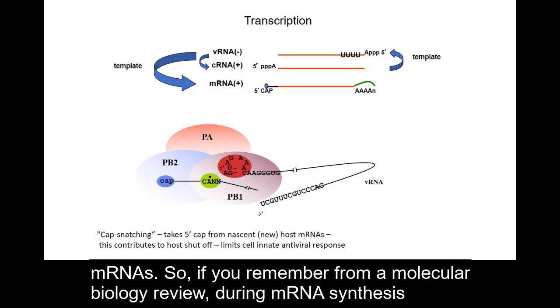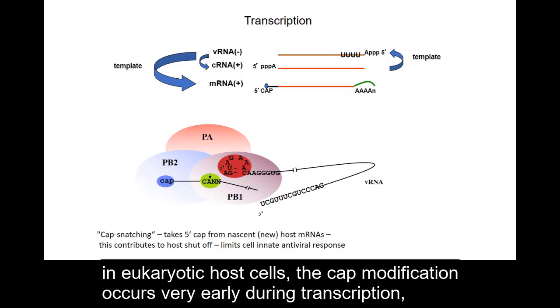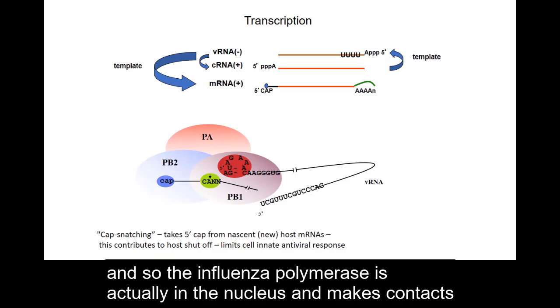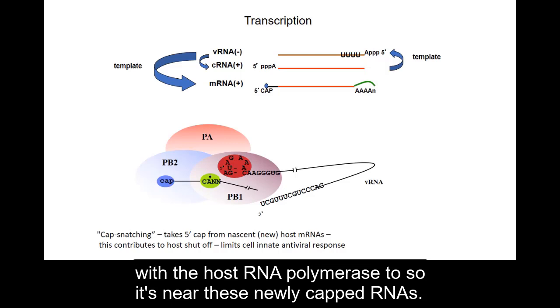So if you remember from a molecular biology review, during mRNA synthesis in eukaryotic host cells, the cap modification occurs very early during transcription. And so the influenza polymerase is actually in the nucleus and makes contacts with the host RNA polymerase II. So it's near these newly capped RNAs.